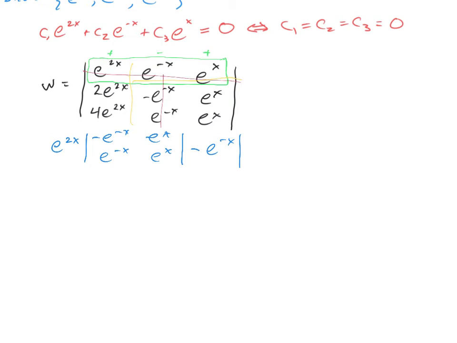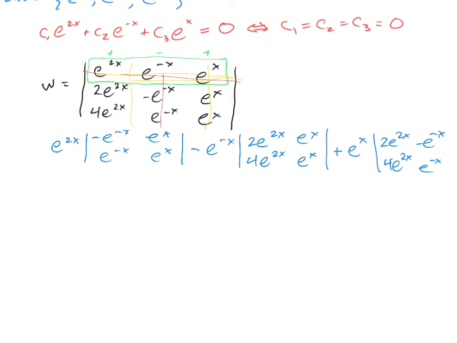So that'll give us 2e to the 2x, 4e to the 2x, and then e to the x and e to the x. And then finally, we go back to plus, and it's an e to the x times that subdeterminant from striking out that row and that column. So we'll have 2e to the 2x, negative e to the negative x, 4e to the 2x, and then positive e to the negative x.